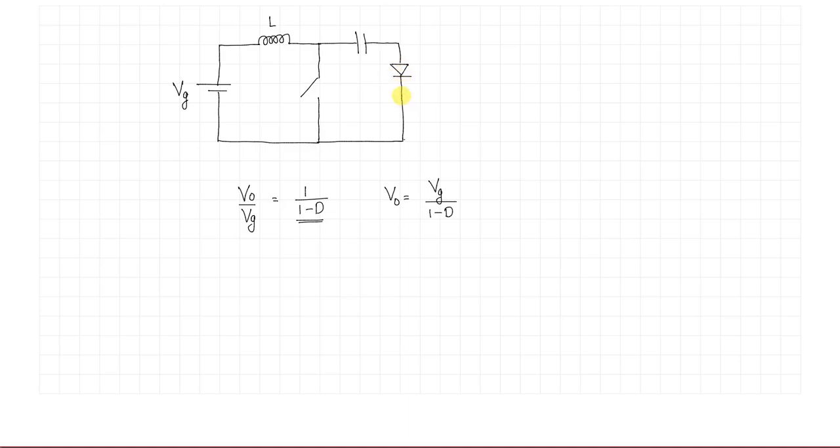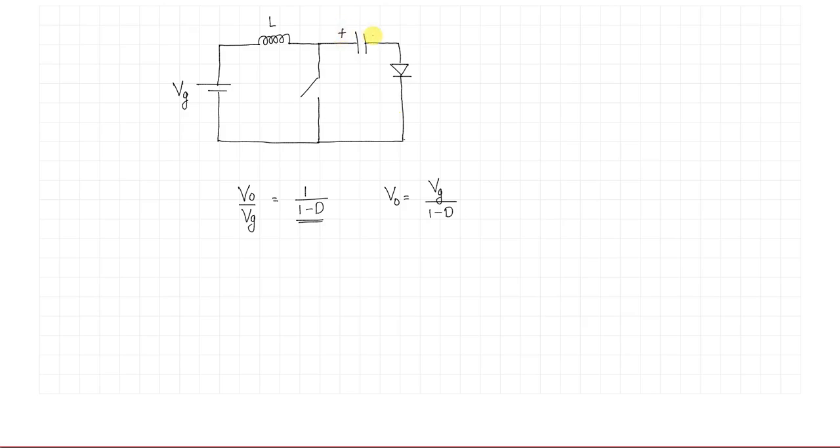What we have done is we have taken the capacitor that was placed here and put it here, and the diode we have put over here. This does not change anything as far as the operation of the converter is concerned.